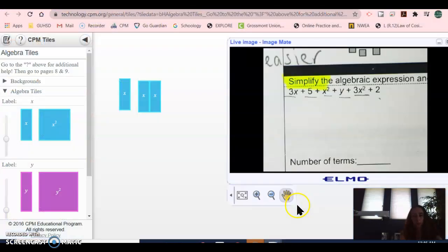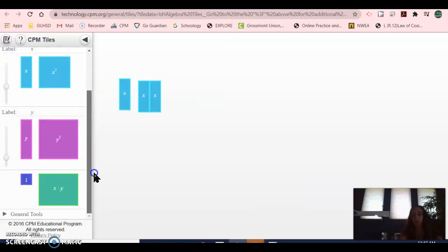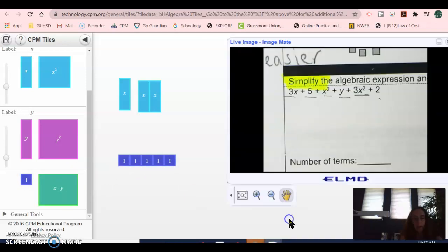And then I see the next one, and it's a 5. So now I come down to here, and I go 1, 2, 3, 4, 5. And then I go back, and let's see, the next one is x squared.